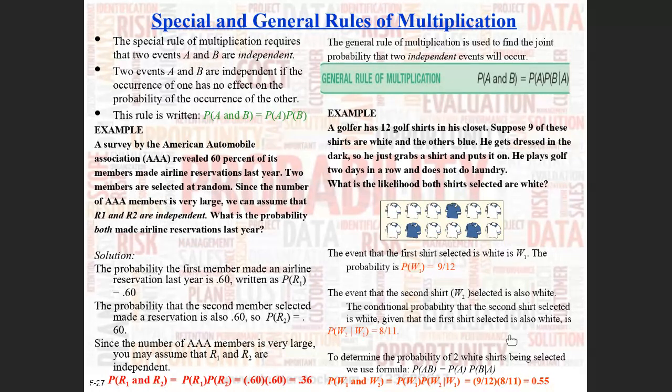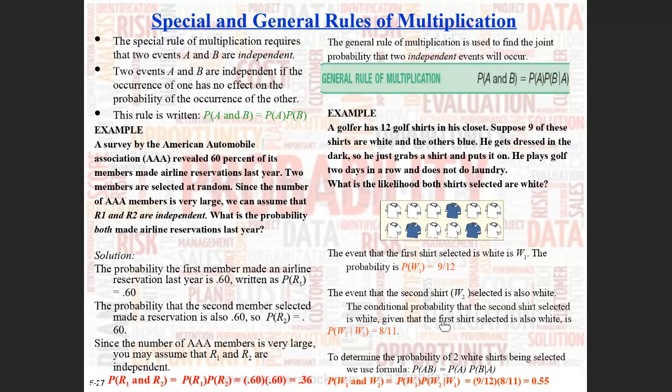The event that the second shirt selected is also white is referred to as a conditional probability. That the second shirt selected is white, given that the first shirt selected was also white. Now remember, this is without replacement.